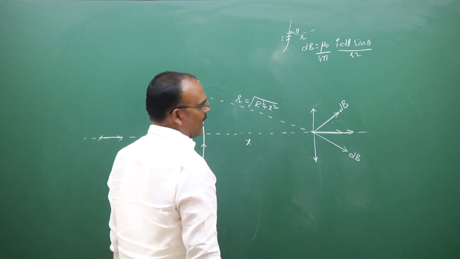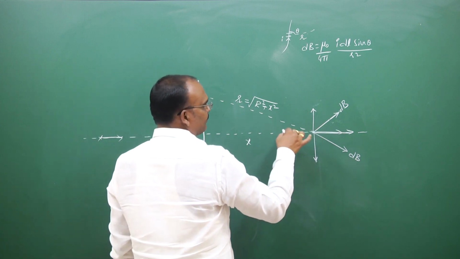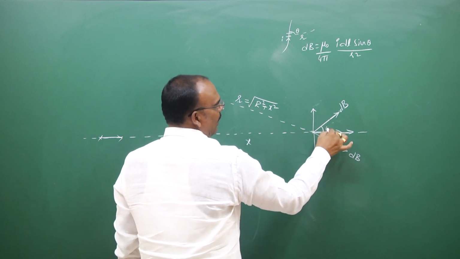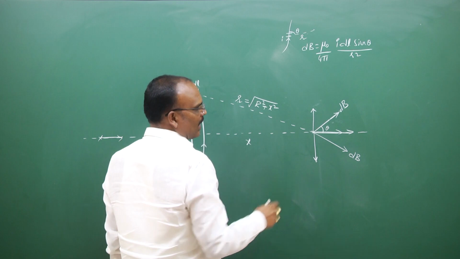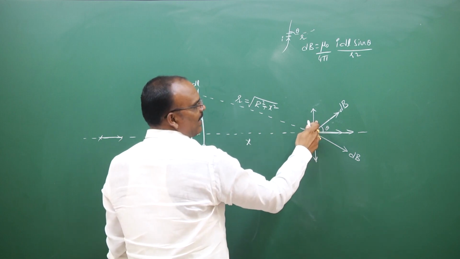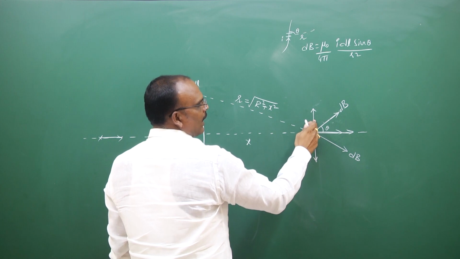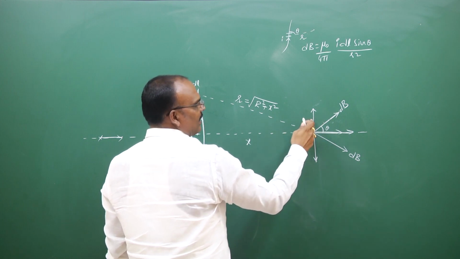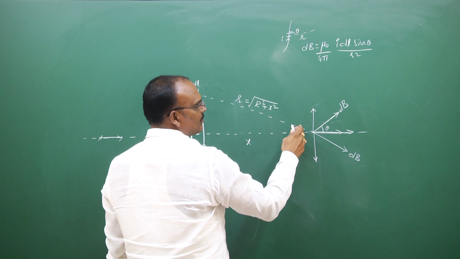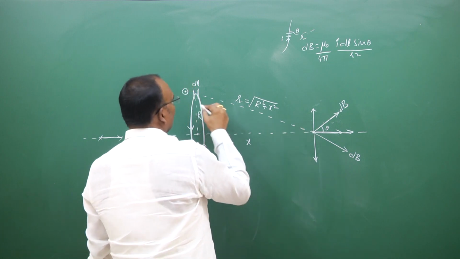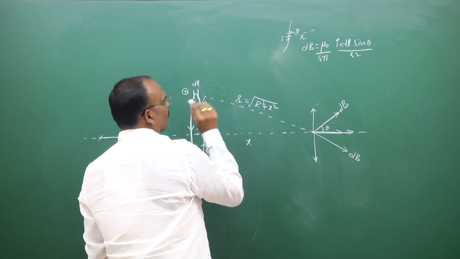Okay, for that, if we take here say theta, for example, if this is theta, this is 90 minus theta. Okay, this and this perpendicular, this will become theta. Then this will become 90 minus theta, this will become theta.